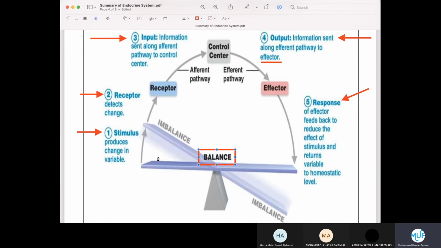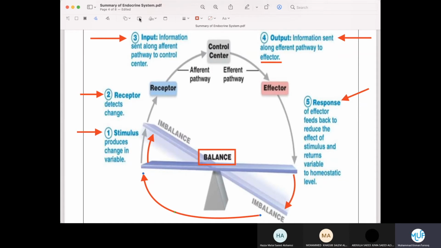And in such a process, when either the body conditions increase or decrease, in any case we bring them back to normal.